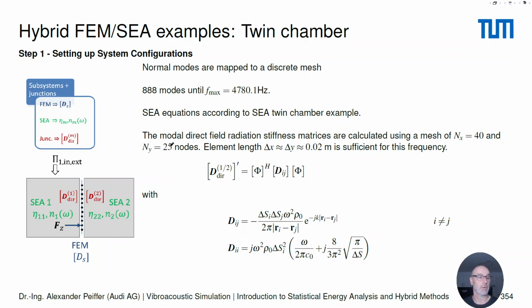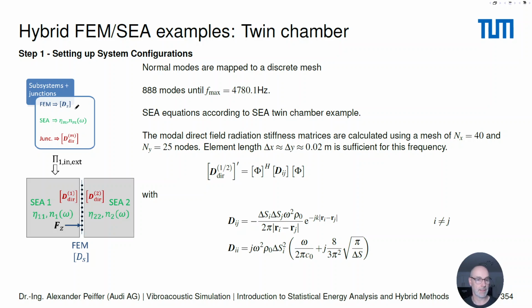And we calculate all the modal direct field radiation stiffness matrices using the radiation stiffness matrix that we developed in the coupling loss factor chapter, using the discrete version, which is a simplified Rayleigh integral, solving the singularity when both are the same using the piston approximation.